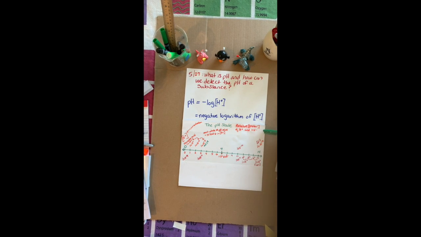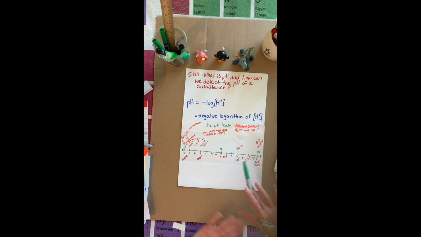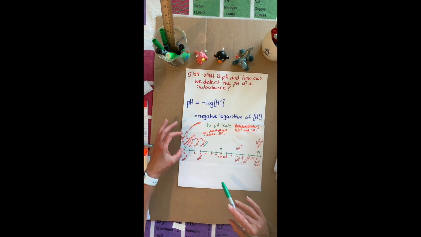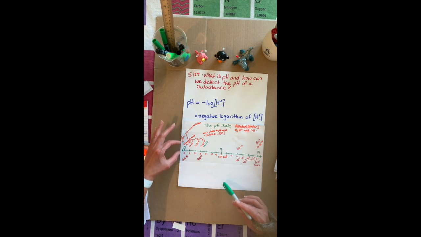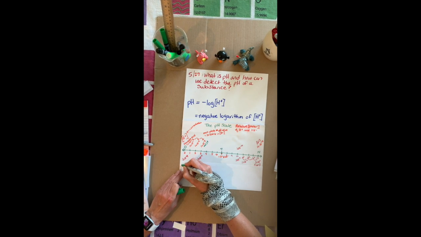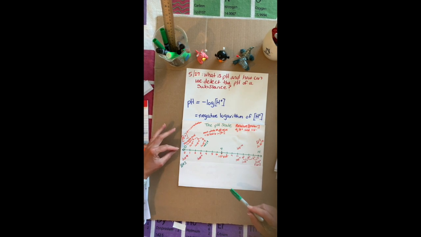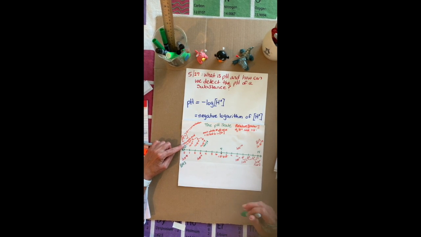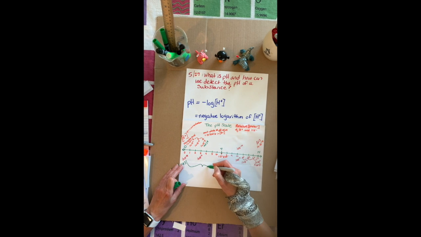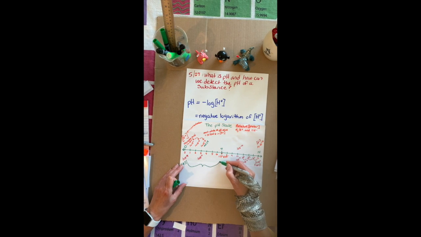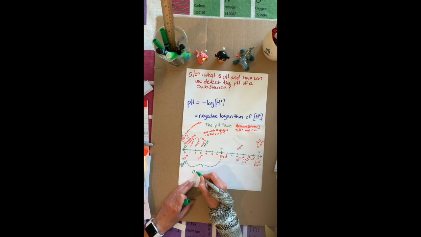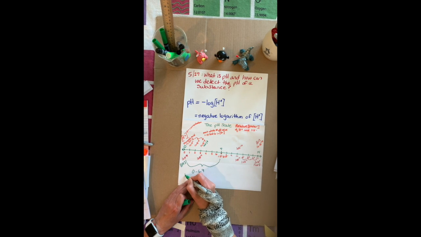So on our last lesson, I had this pH scale drawn and we started filling in some of the concentrations of hydrogen relative to hydroxide. As a reminder, the strongest acids have a pH of 0, and the range of acids could be from 0 to 6.9.